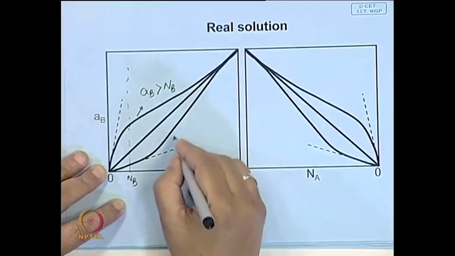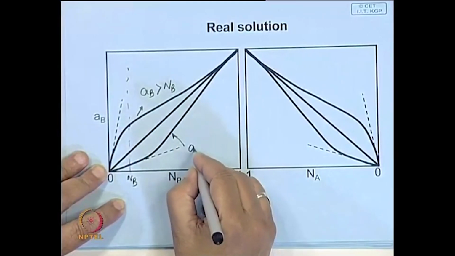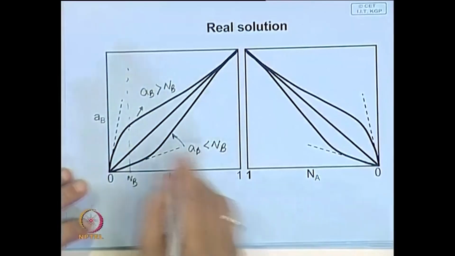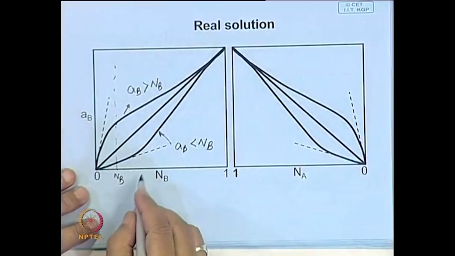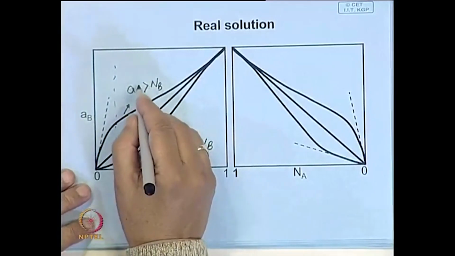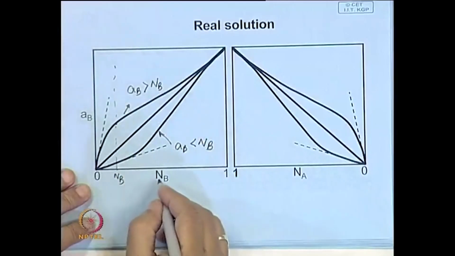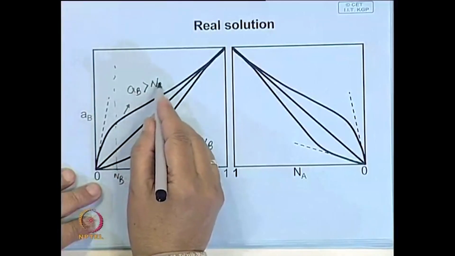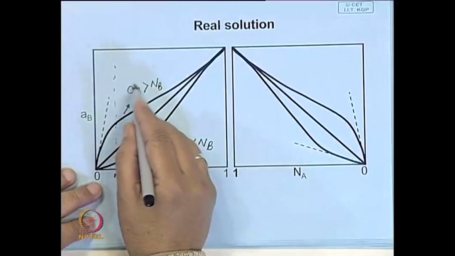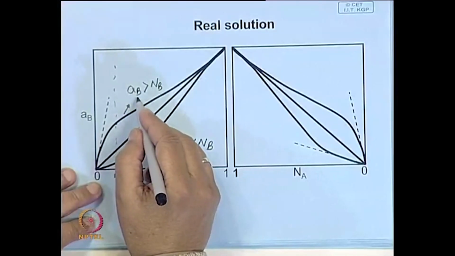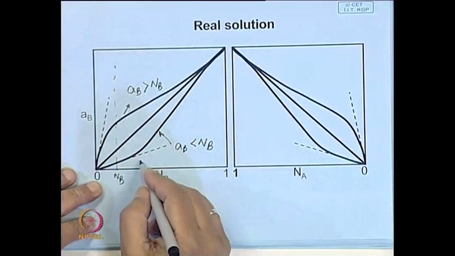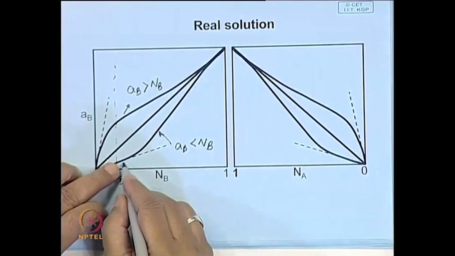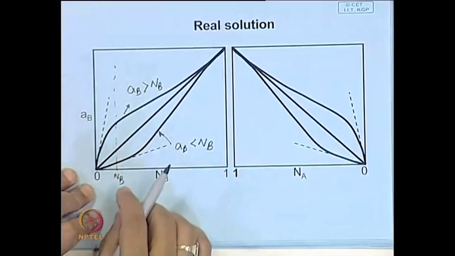Here, in the bottom part, the activity of B is less than N B. Now, activity gives you an approximate composition, or local concentration, of B atoms around B. So if the activity of B is greater than N B, that means there are more than the expected number of B atoms around B, whereas here there are fewer than the expected number of B atoms around B. This is what it means physically.